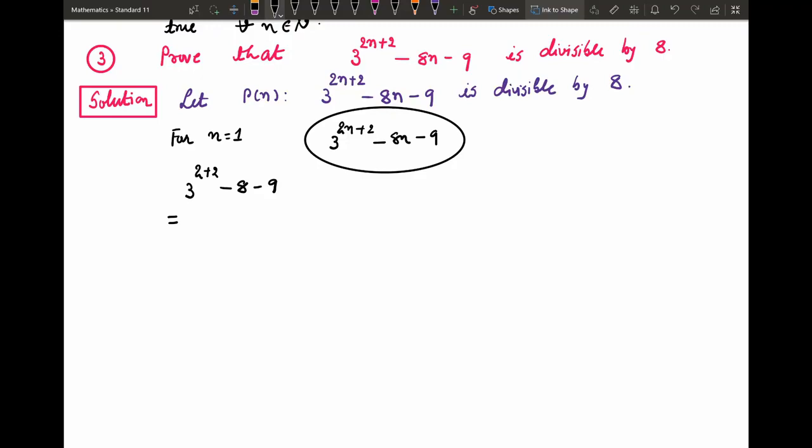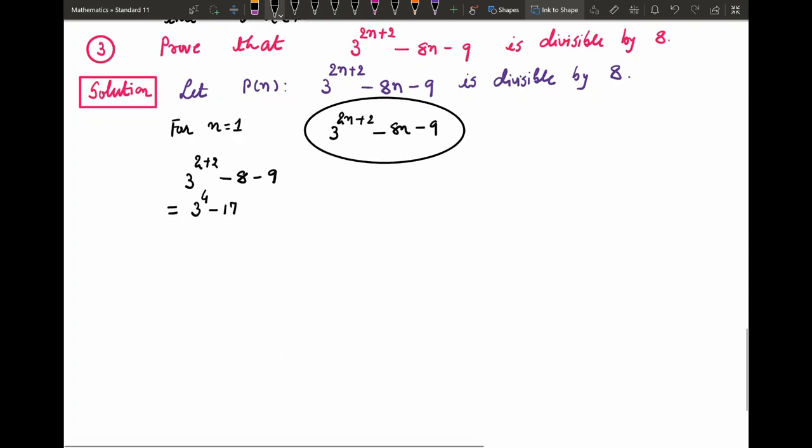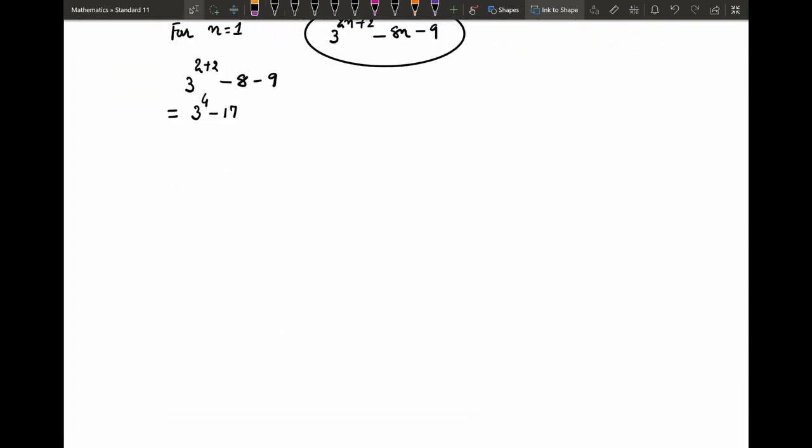Now this is 3 raised to 4 minus 17. So 3 raised to 4 means 81 minus 17. The simplification is 64.